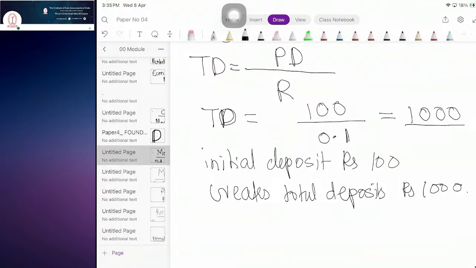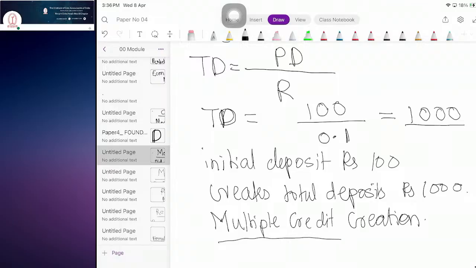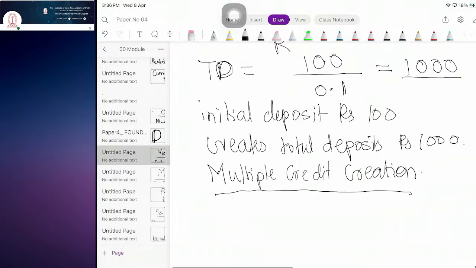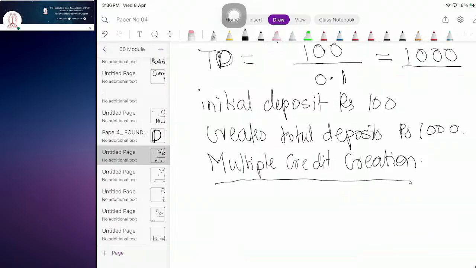Therefore, this process is called multiple credit creation. Keep this in mind. I have seen questions in your CMA examination on calculation of the multiple credit multiplier, though it is not explicitly given in your syllabus book. But I have seen a topic like that in the past question paper.